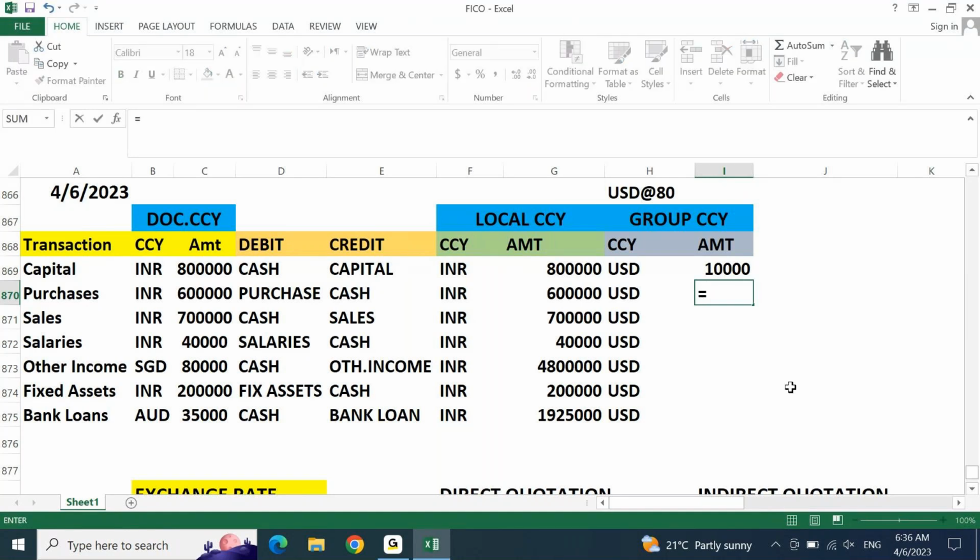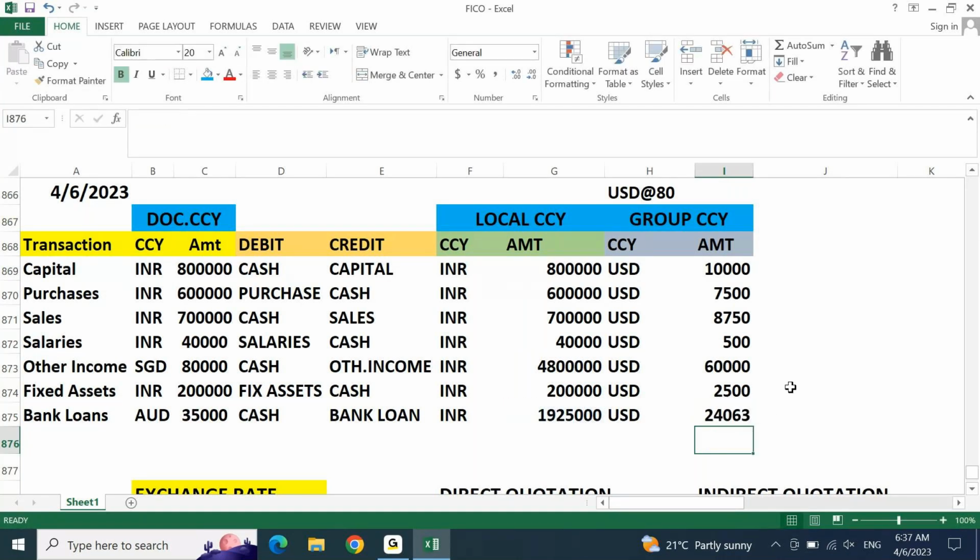Now here also I'll take this number divided by the exchange rate 80. Here also divided by 80. You are able to understand how we are getting these numbers, right? Here also this value divided by 80. This value divided by 80. Okay, this is my group currency.